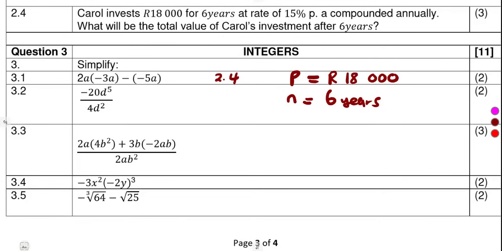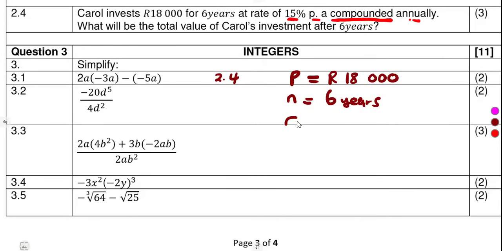This is the difference that you see in your question: the interest given per annum will now be compounded annually. It's no longer simple interest. Remember in our previous question, we were given a 15% simple interest per annum. Now they're saying compound.